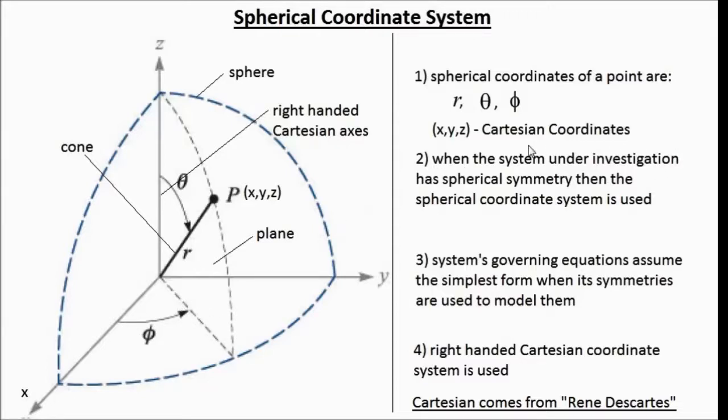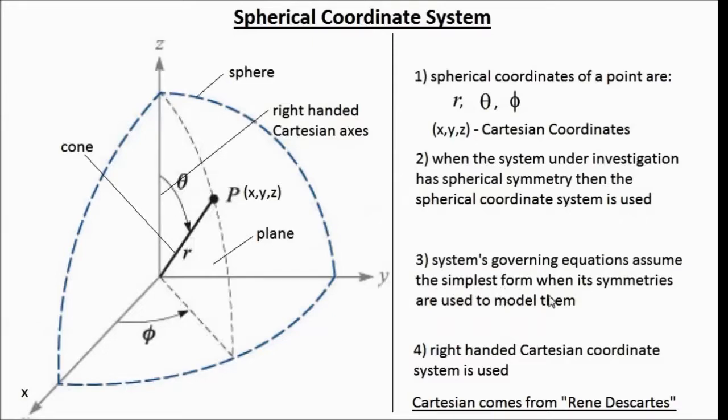So when the system under investigation has spherical symmetry, the spherical coordinate system is used. A system's governing equations assume the simplest form when its symmetries are used to model them. The system could also be modeled using other coordinate systems, but then the equations will not be in the simple form.